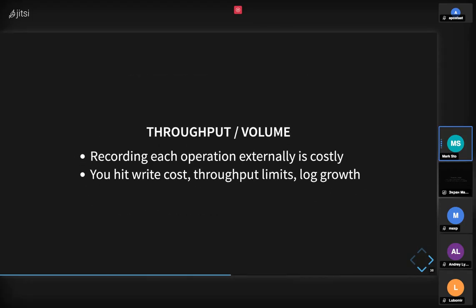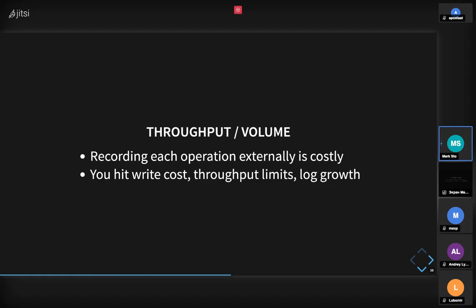Then there is throughput and volume. The frequency of operations is such that if you record each one as a transaction in an external system, you either hit write costs, throughput limits, or growth of the log or storage that simply kills all the fun.